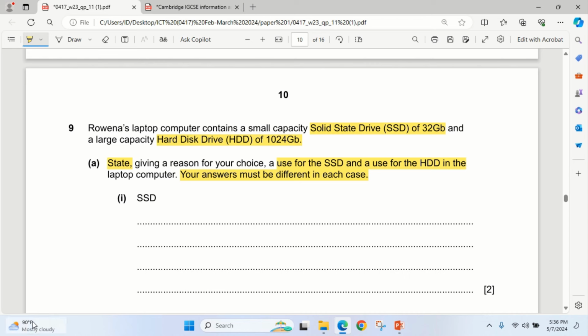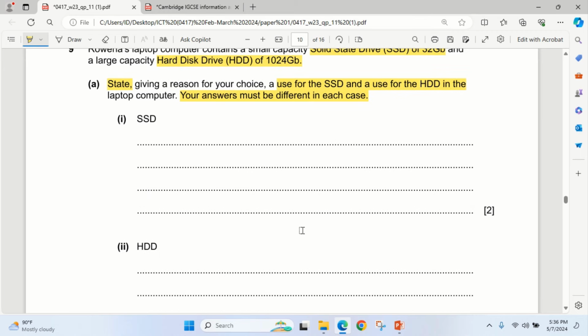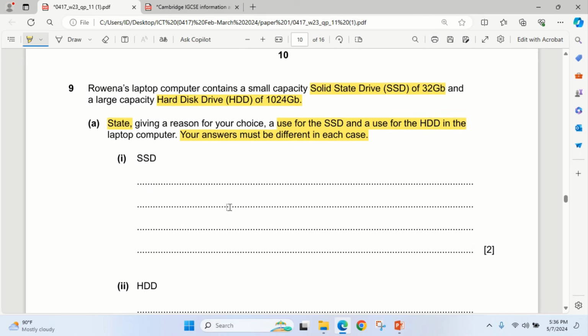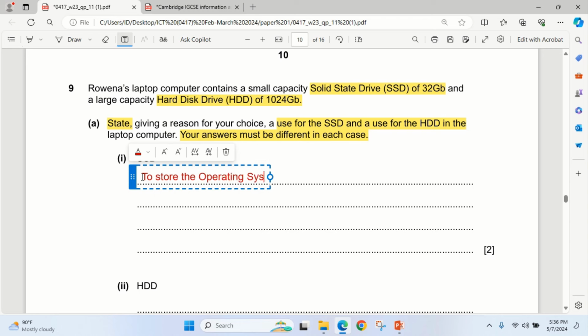So let's just do that. So this is a 2-mark question, a use for the SSD and a use for the HDD in your laptop. Your answer must be different in each case. So now let me start by saying this one, SSD, the use is to store the operating system, that's the OS, and the reason is that it is faster for loading of the operating system.